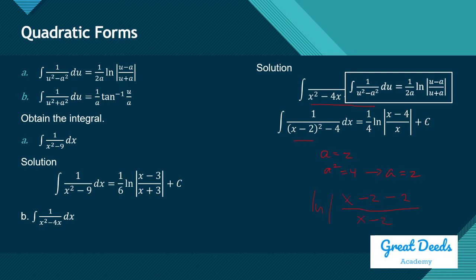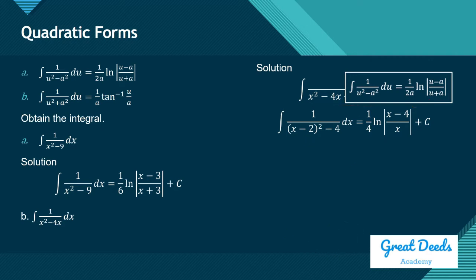This is your u. Okay, look at that. u plus 2. So if you were to simplify this, this becomes x minus 4, and then this one is equal to x minus 2 plus 2. That is just equal to x.